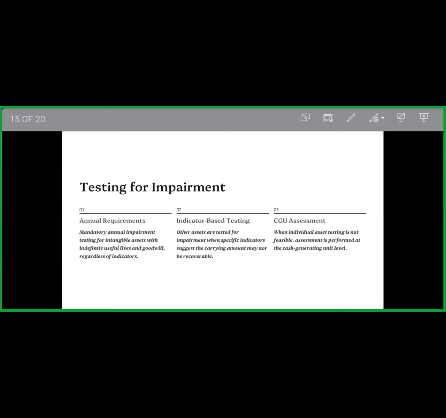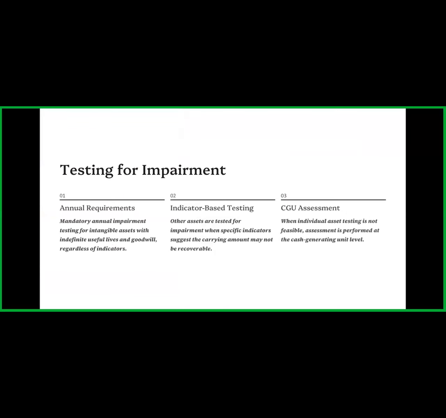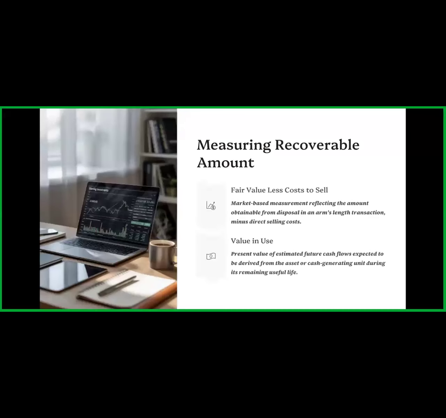Next one is the CGU assessment. When individual asset testing is not feasible, assessment is performed at the cash generating unit level. So these are some of the methods or conditions when we calculate the impairment losses.